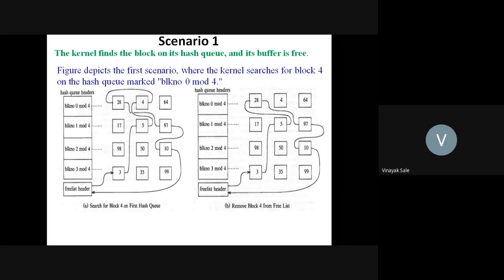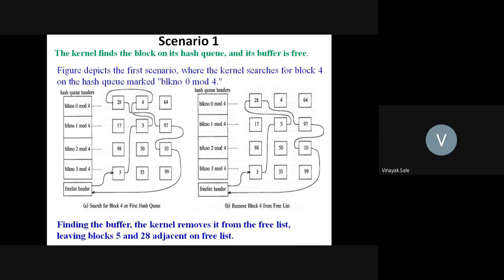This is the first scenario. For finding the buffer, the kernel removes it from the free list, leaving blocks 5 and 28 adjacent on the free list.